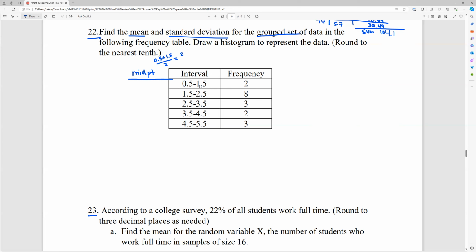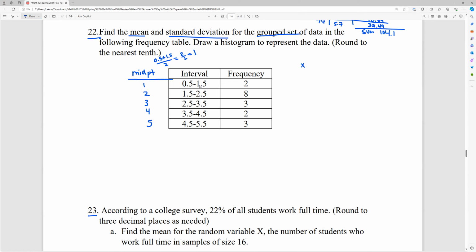So that's going to be 2 divided by 2. So this first midpoint is a 1. Now, if you notice, each of these is going up by 1. So if you look at the beginning of each interval, the class width is we're going up by 1 exactly. So that means each of our midpoints will go up exactly by 1. And if you think about it and you look at these, it makes sense. Halfway between 4.5 and 5.5 is 5. So these are my midpoints.